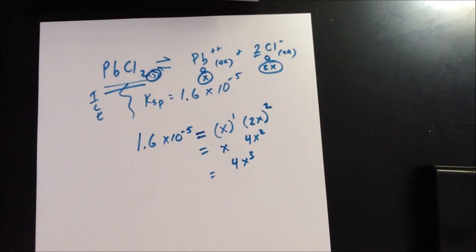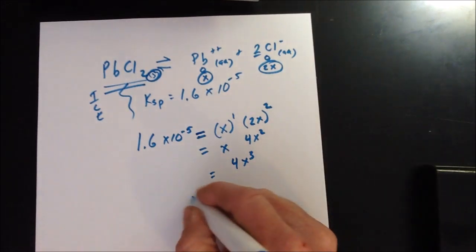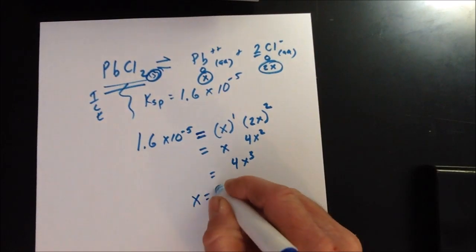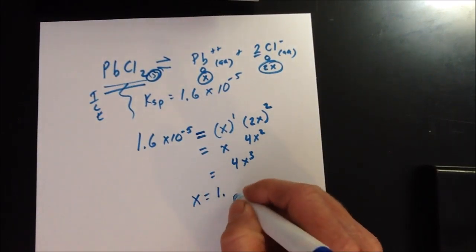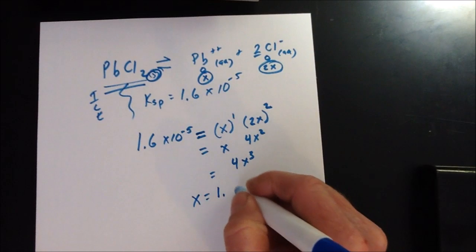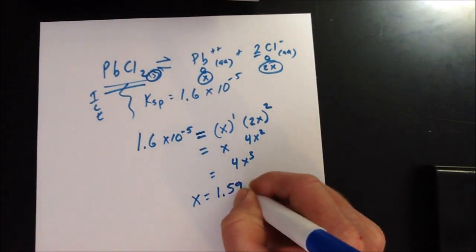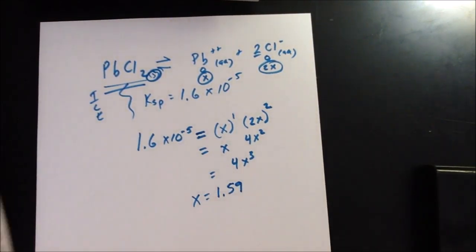So you can just do your caret sign and put in 1/3 or point and add a whole bunch of 3's in there just to quickly get an answer if you wish. And I end up with x is equal to 1.59.